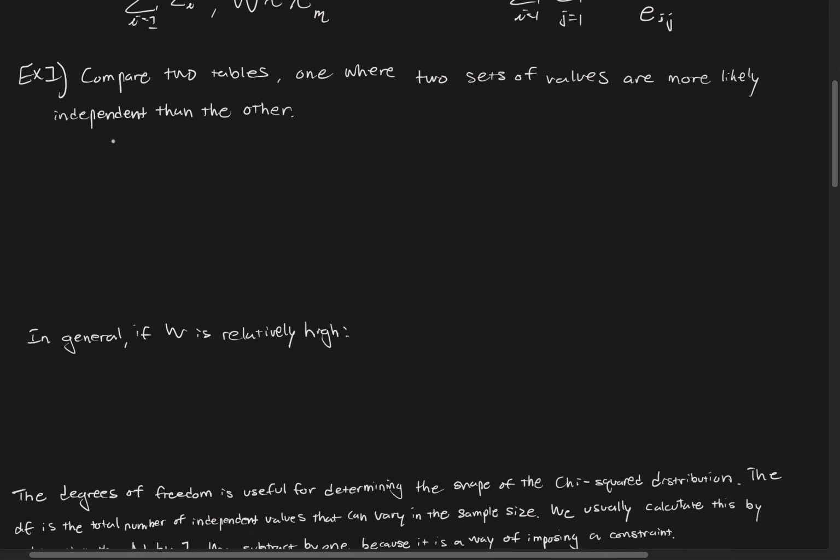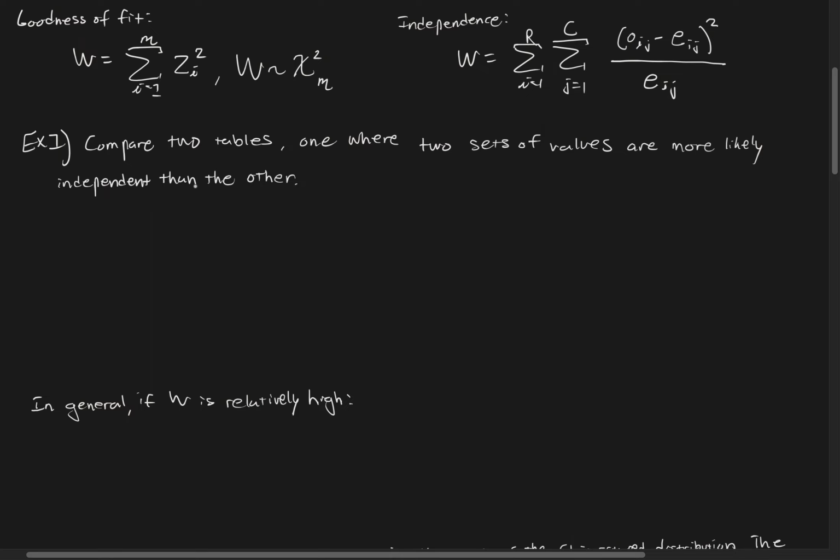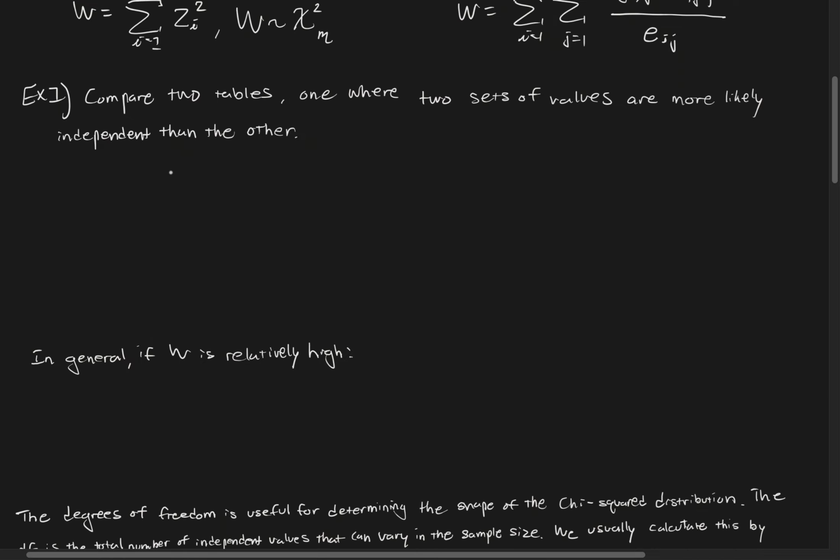So if we compare two tables for the independence test, let's say we try to find if the hours of sleep, we'll use the hours of sleep example again, is independent from the satisfactoriness of grades.